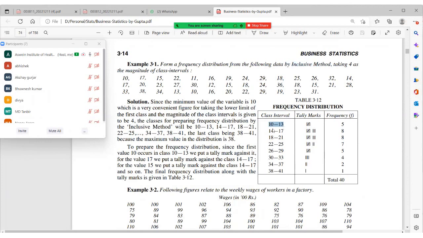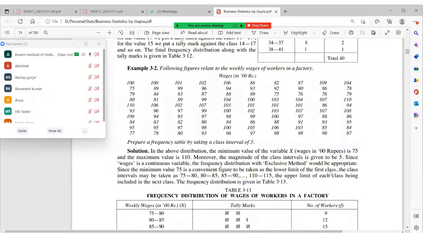Inclusive is this type, or exclusive, where the upper limit of a class and the lower limit of the next class are the very same. That is called exclusive type. Is that clear? Now frequency distribution.